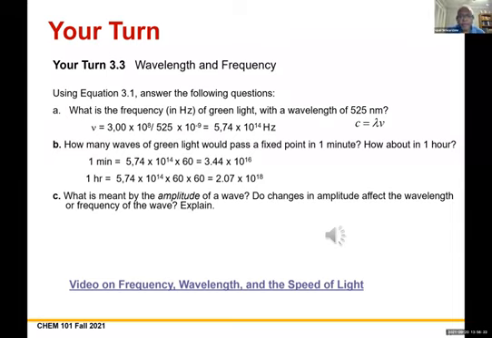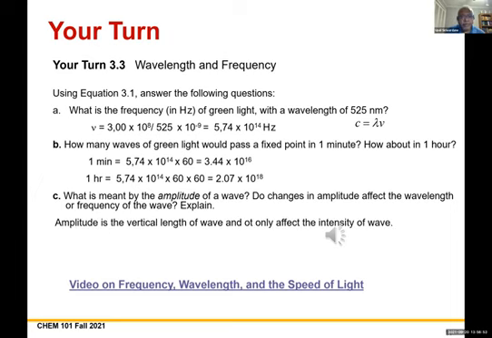What is meant by the amplitude of a wave? Besides lambda and nu, wavelength and frequency, we also talk about amplitude.